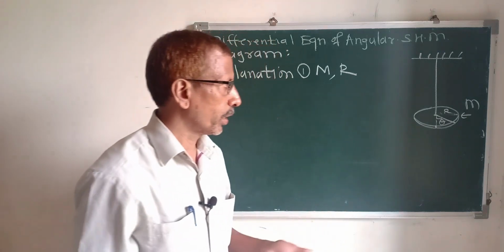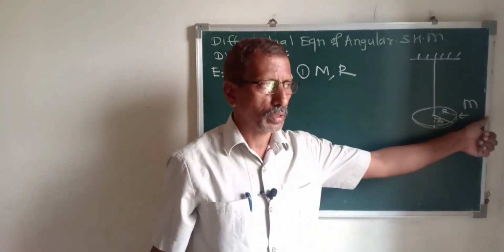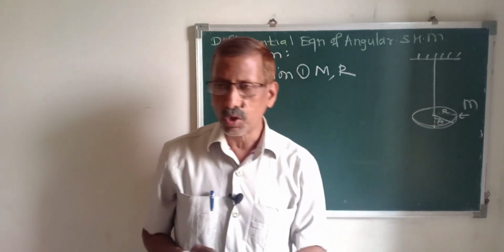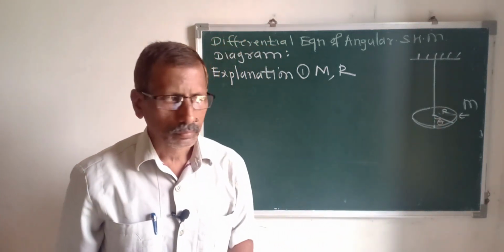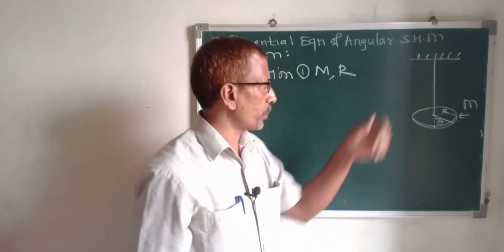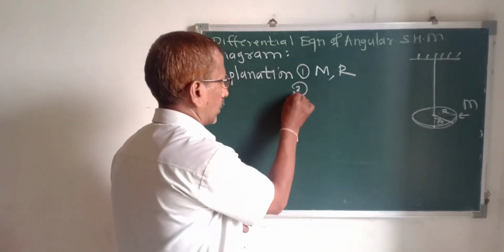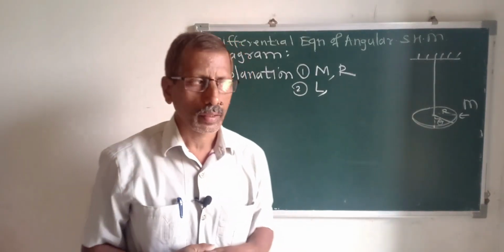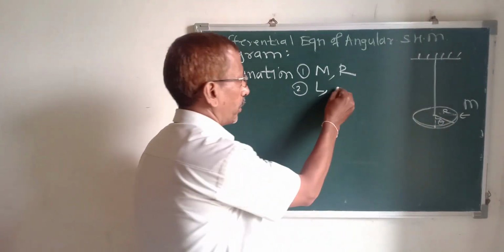So m is the mass of the disc, r is the radius of the disc, theta is the angular displacement, and the disc is suspended by a metal wire of length L from a rigid support.